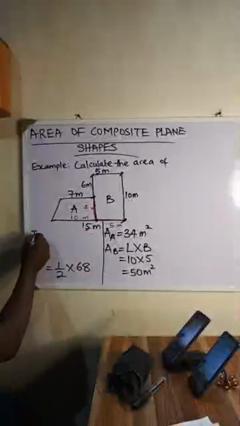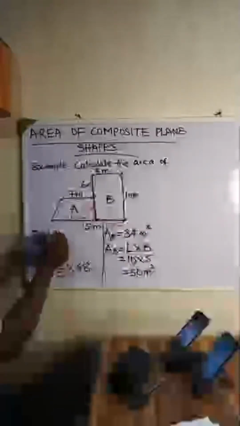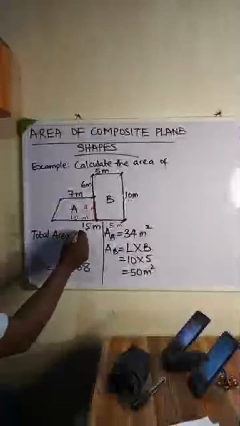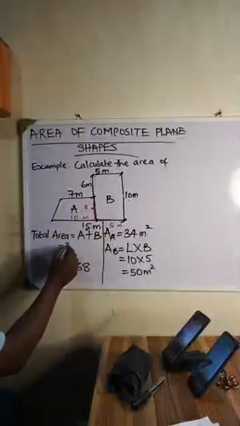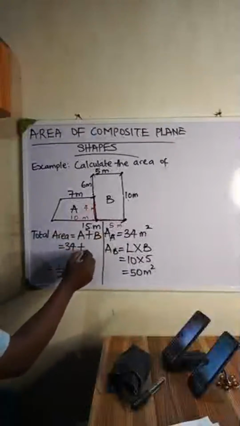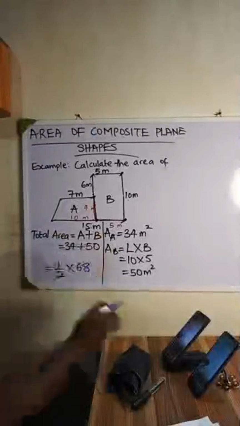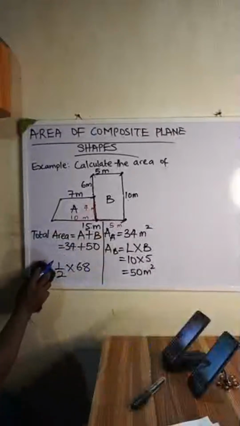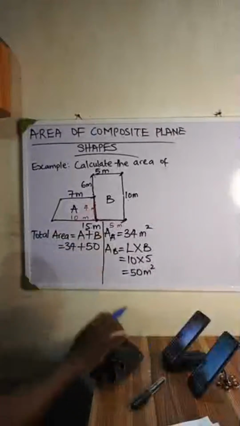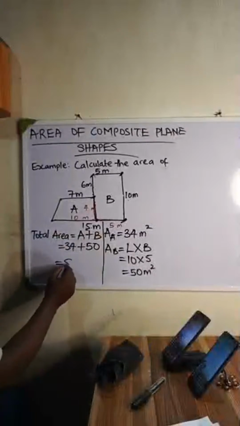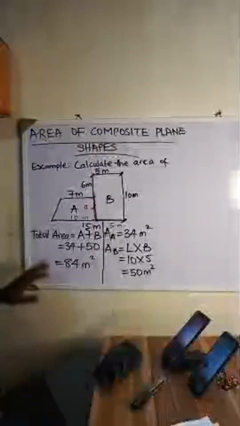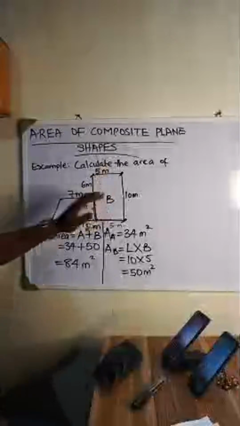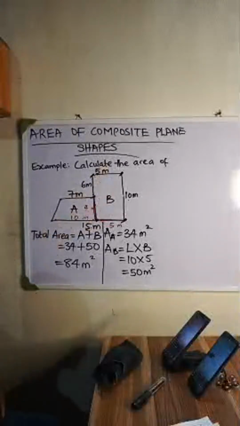Total area is equal to A plus B, which is 34 plus 50, and that will give us 84 meters square. So the total area of this composite shape is 84 meters square.